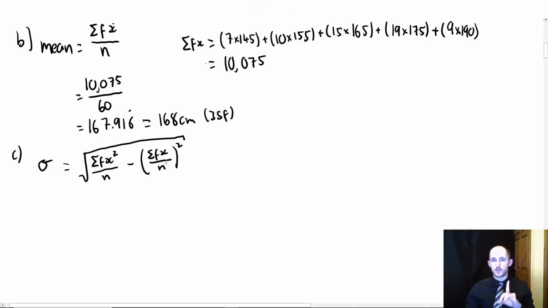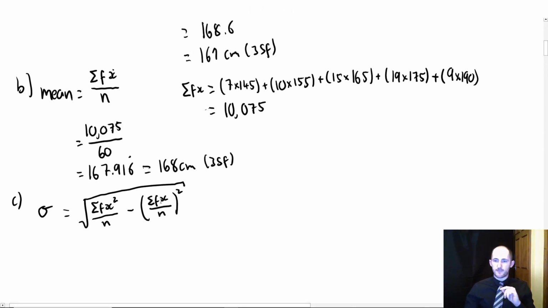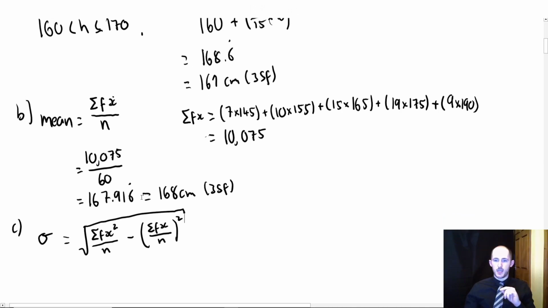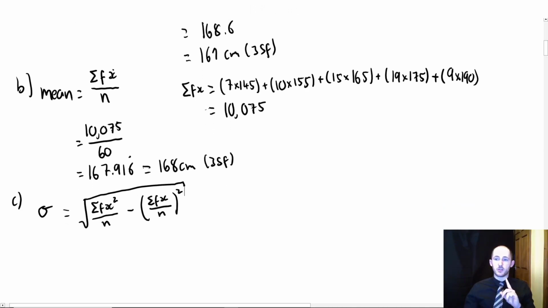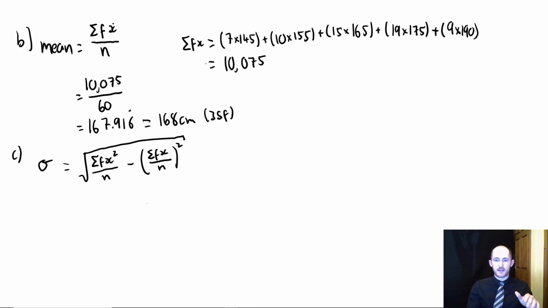They're not, okay? Sum of f of x is what we worked out here. Sum of f of x squared is not this number squared, okay? It's completely different. The sum of f of x squared would be 7 times 145 squared. You squared just the 145. Okay? So that's a very key thing.